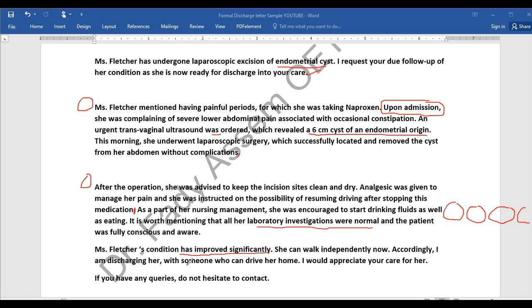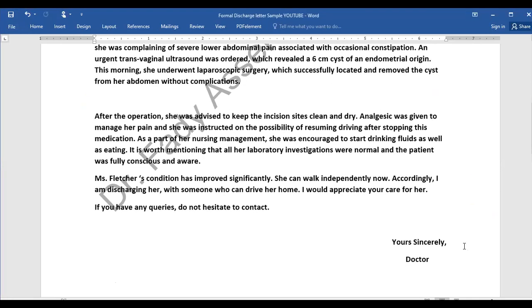Accordingly, I'm discharging her with someone who can drive her home. And I can finish my letter by asking the reader that if he has any queries he can contact me, and I finish my letter by putting my signature here.